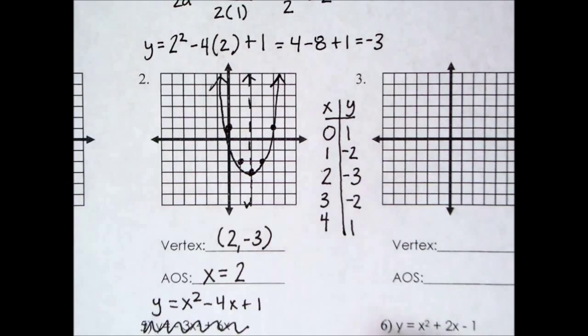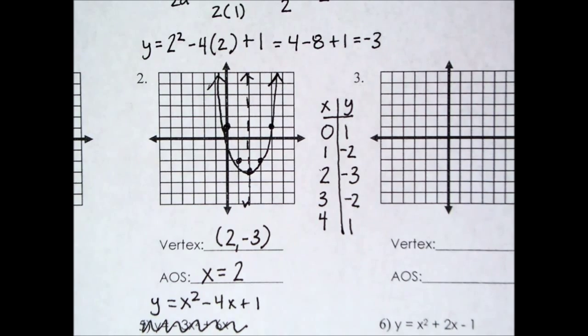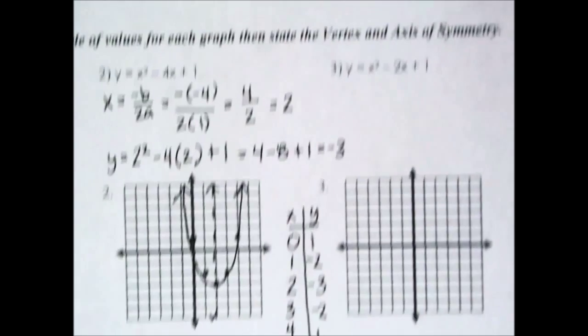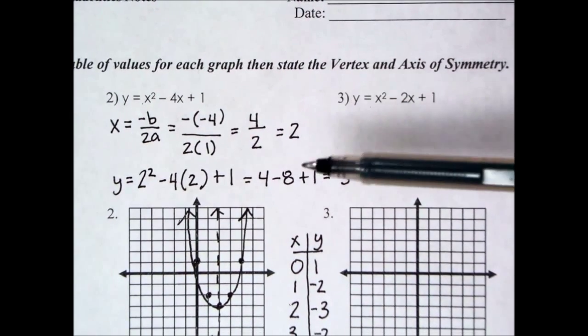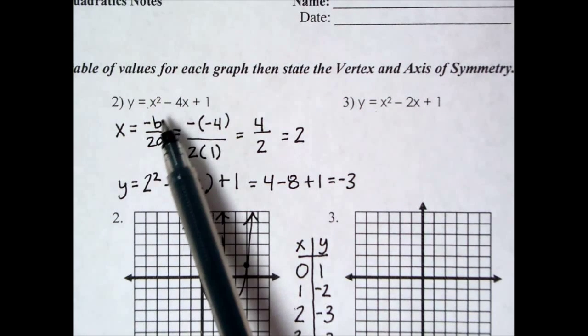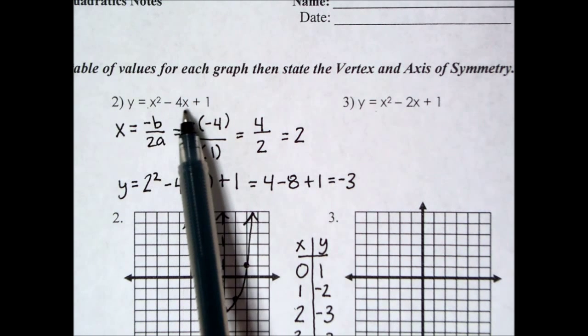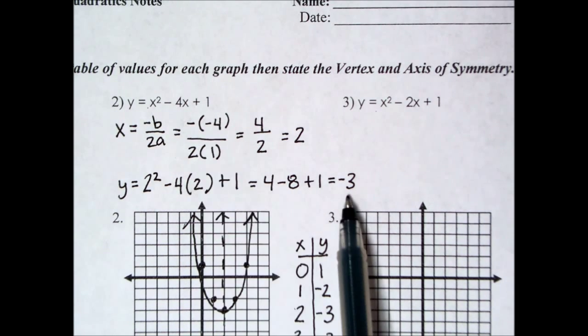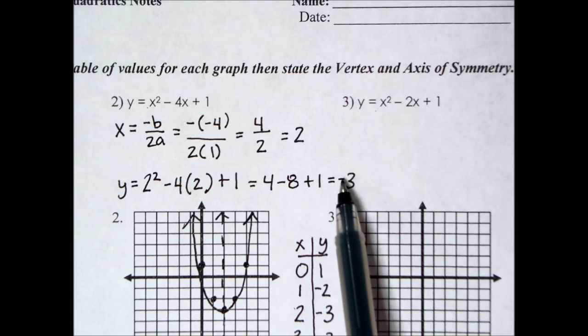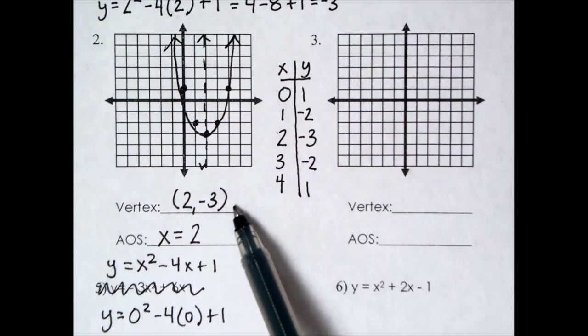So this is the basic concept behind graphing a quadratic equation. Step number 1, again, start with x equals negative b over 2a and find your x. Then use the x value, plug it into the original to find your y. That information provides you information about your vertex.